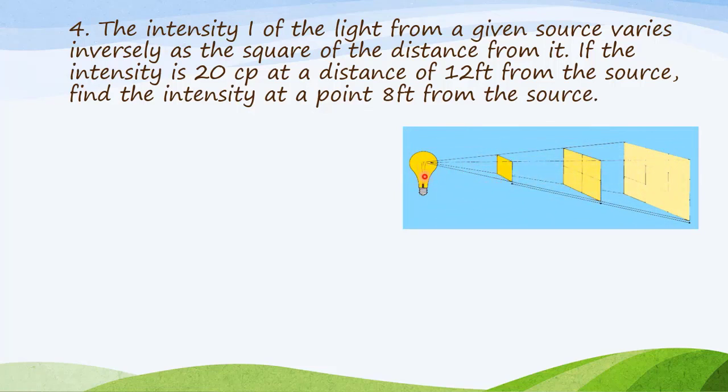This is a light bulb and these are 3 screens. The intensity of light on the first screen is greater, but the intensity of light on the second screen is a bit less, and for the third screen it is reduced.